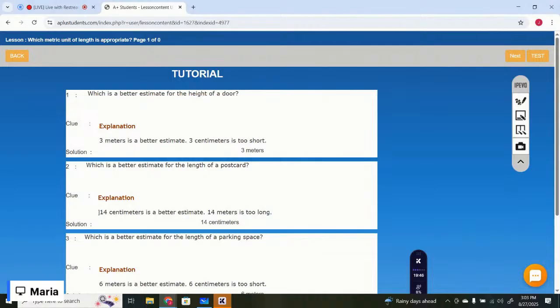Which is a better estimate for the height of a door? We are given two options, 3 meters or 3 centimeters. The centimeters are too short, so it would be 3 meters.